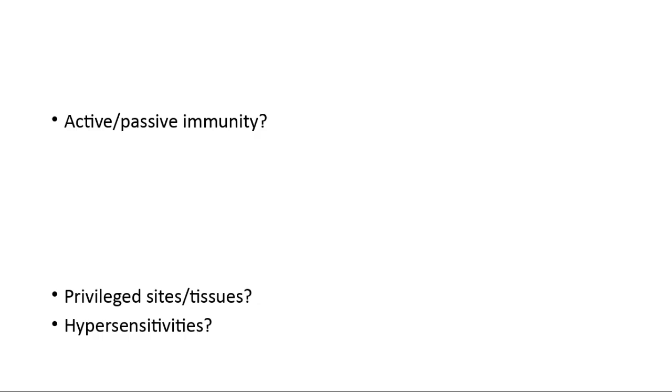Hypersensitivity reactions occur when the immune system overreacts, and the overreaction can lead to damage or death. We talked about 4 or 5 types of hypersensitivity reactions. Remember, types 1, 2, and 3 are mediated by antibodies, and type 4 is T-cell mediated, so it's slow, it's delayed. Type 1 are the anaphylactic type of reactions, so they happen quickly.